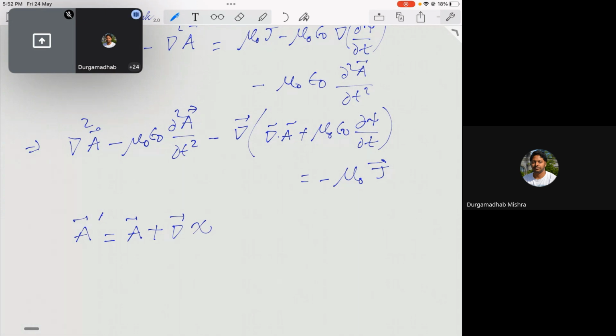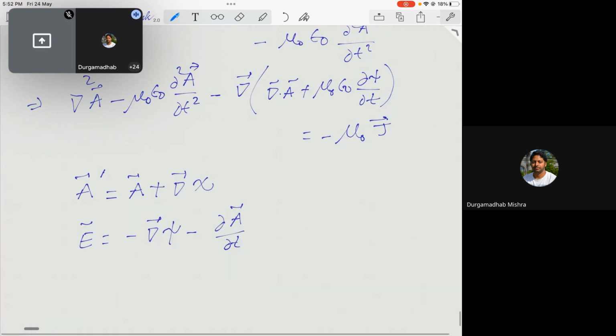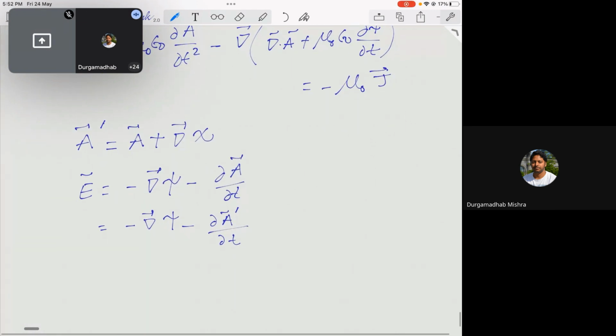So let's look at this equation where we define E is equal to minus gradient of psi minus del A by del T. Now what we have done is we have changed A to A prime. This is the gradient of psi, this is A, and we have done a transformation to A prime.